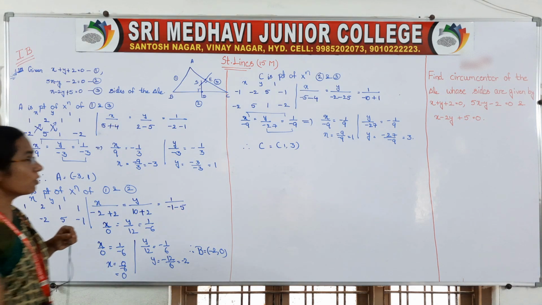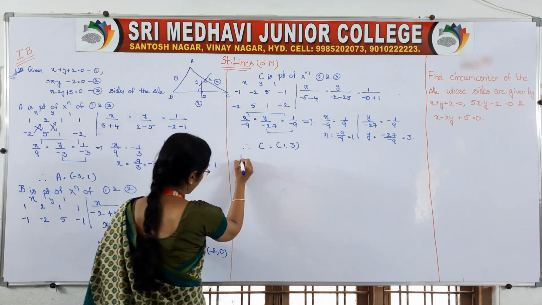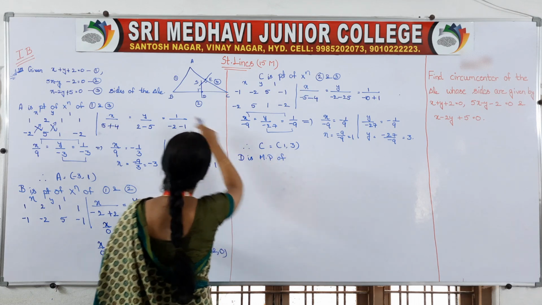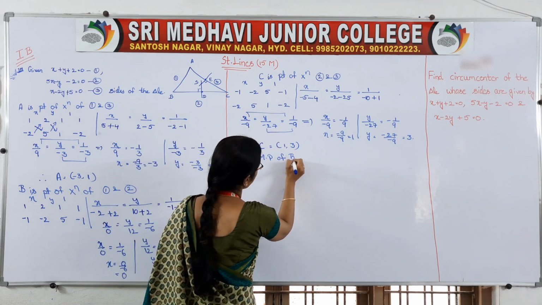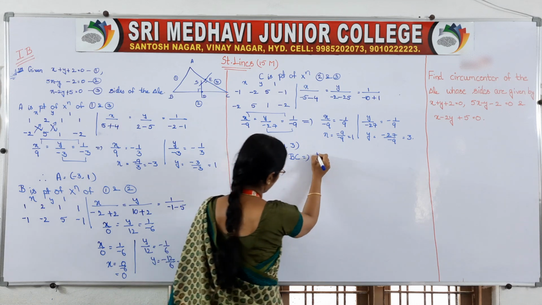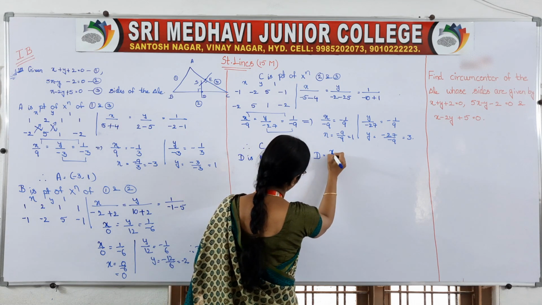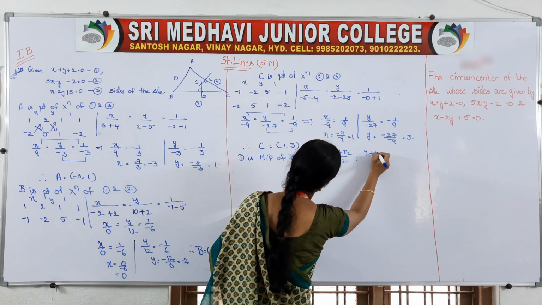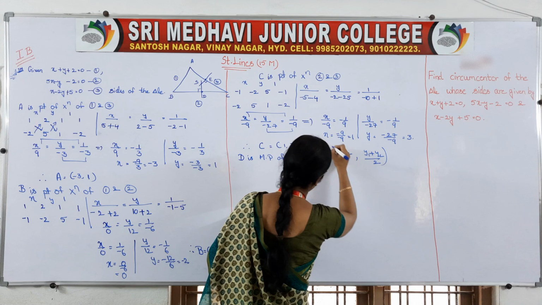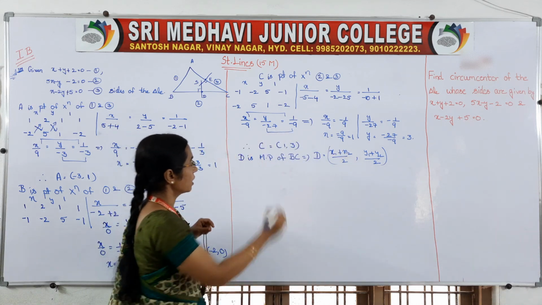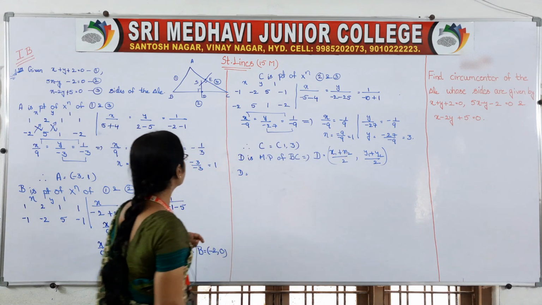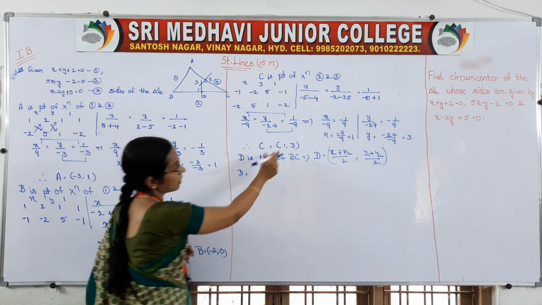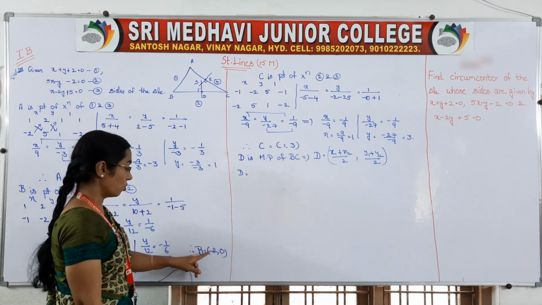Now find out D, which is the midpoint of BC. You know the formula for the midpoint: x1 plus x2 by 2, y1 plus y2 by 2. So D is equal to, consider B as your x1, y1 and C as your x2, y2.